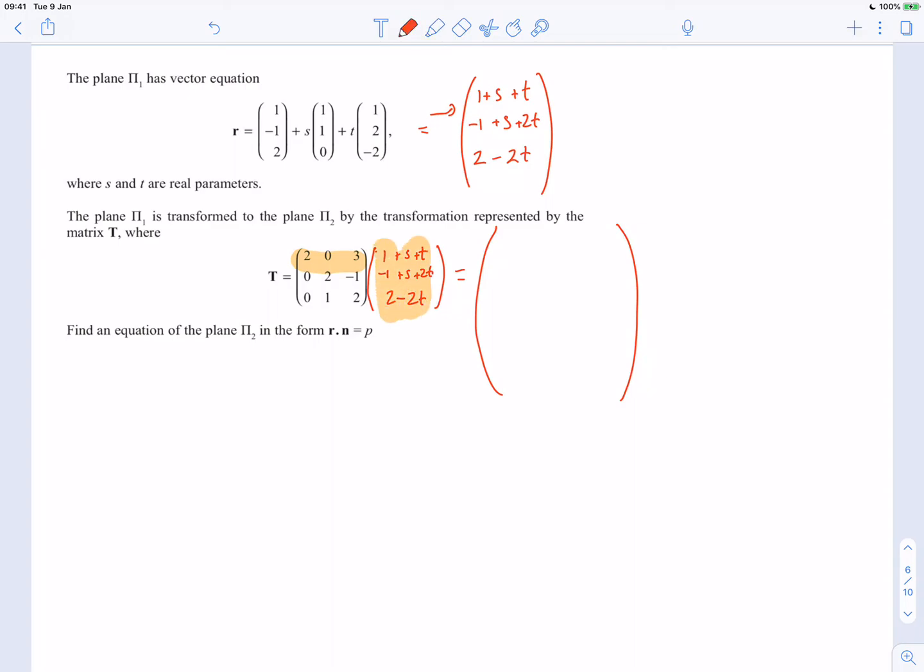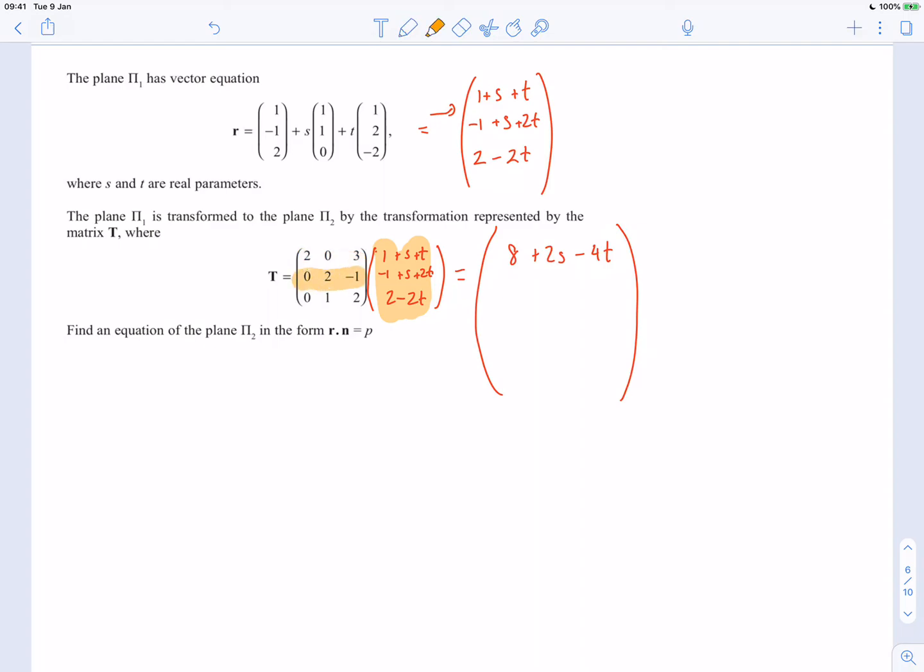So 2 times 1 is 2, plus 0 times blah, plus 3 times 2 is plus 6. So the first term is going to be 8. And then with the s's, I've got 2 s's plus nothing else, that's plus 2 s's. And then I've got 2 times t, plus 3 times minus 2 is minus 6, so I've actually got minus 4t there. Okay, second row, first column.